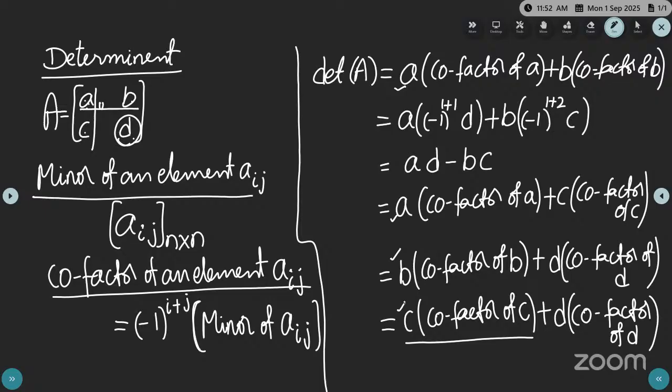Now, listen. If the determinant of any matrix is equal to 0, what you can say? If the determinant of any matrix is equal to 0, then it is called a singular matrix. Write down the definition. Singular matrix.